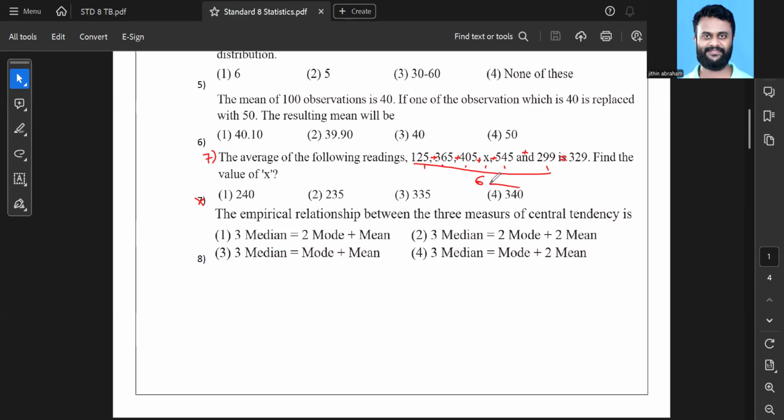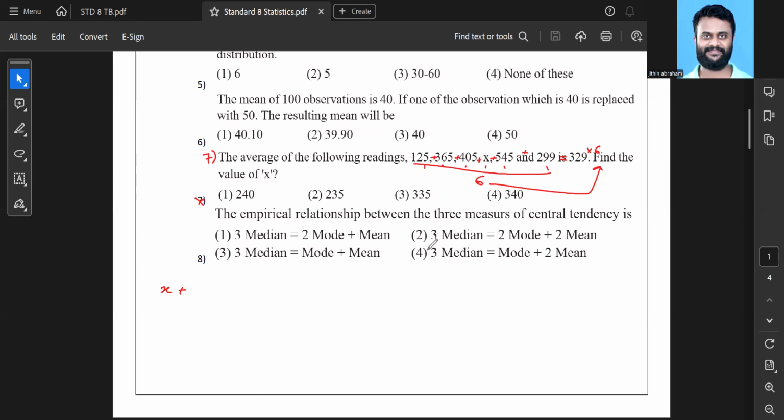So what I have to do, I have to first of all take the 6 to the other side, which will come in multiplication. So 329 multiplied by 6 it becomes. And secondly, I will add all the numbers apart from x and I'll find what is the addition. So first of all, I have x plus I'll add all the numbers over here.